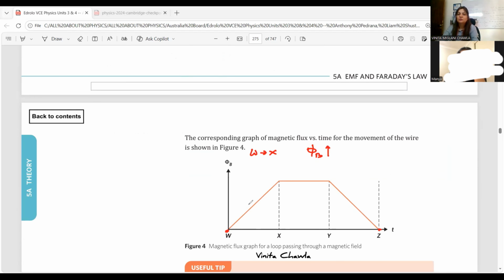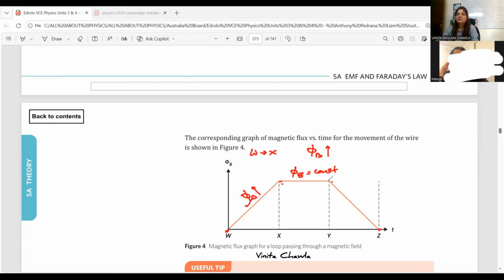So in this particular situation, we can see flux is increasing. And when it reaches X and goes from X to Y, it stays in the magnetic field. So here the flux is constant. There is no change in the magnetic flux because the whole coil is there in the external magnetic field.